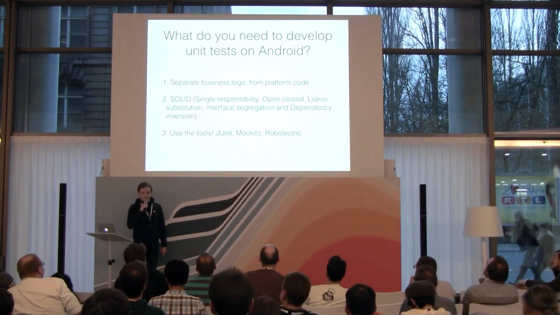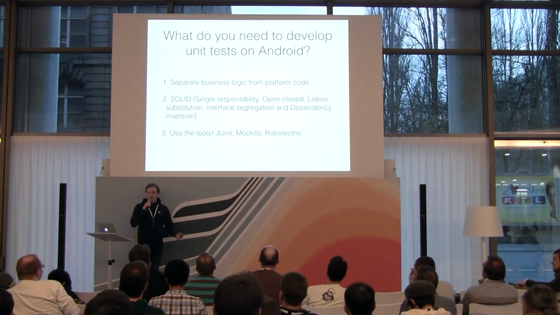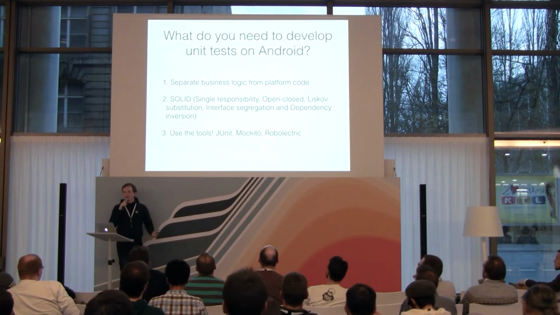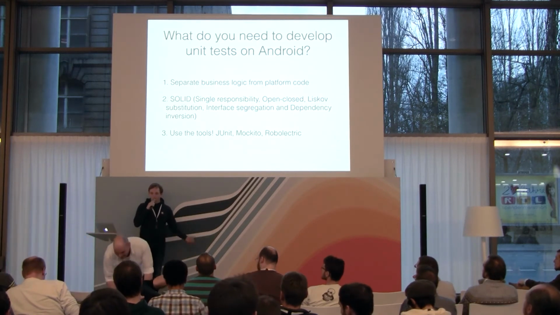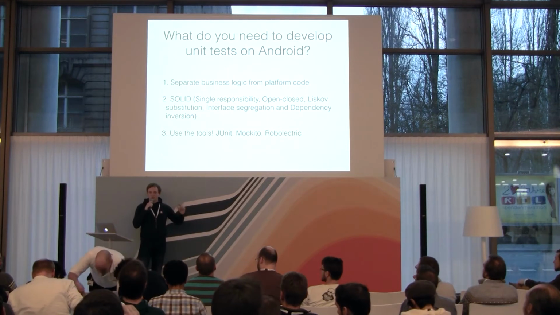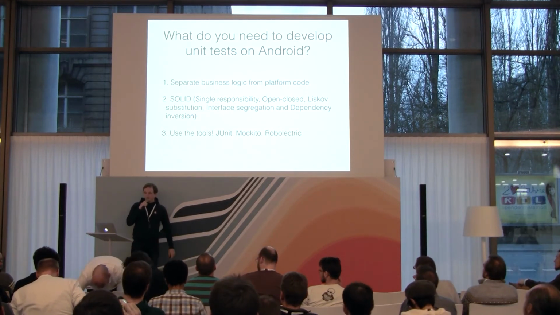So what do you need to develop unit tests on Android? And it's actually true for all the platforms. If you go to iOS, or I don't know, if you try to do web development, it's basically the same core principles you need to apply.